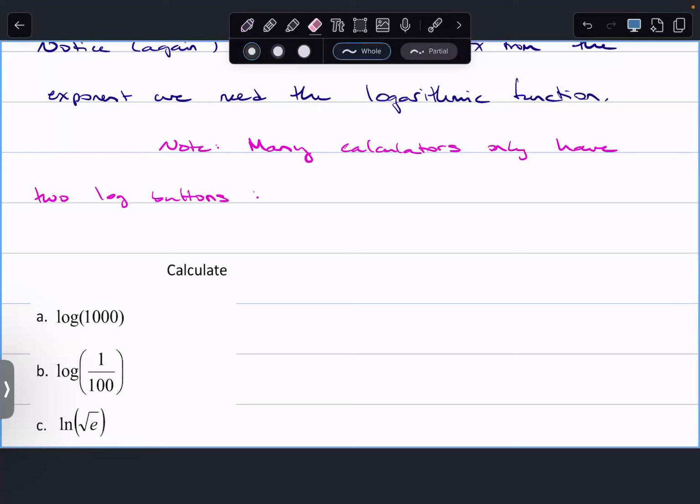Specifically, just a log. Whenever you just see log, this is the same as log base 10. It's called the common log.